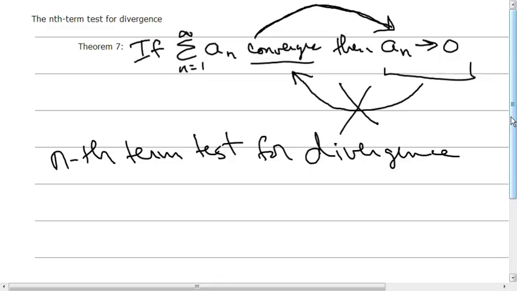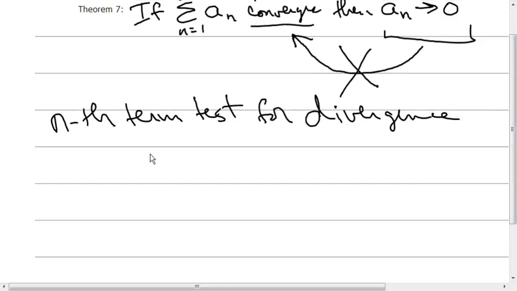What does that mean? It means that if you do a test and you find that a sub n is not going to 0, then your series must diverge.